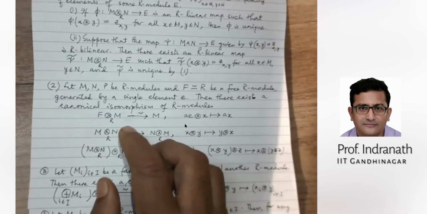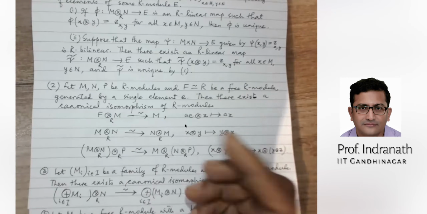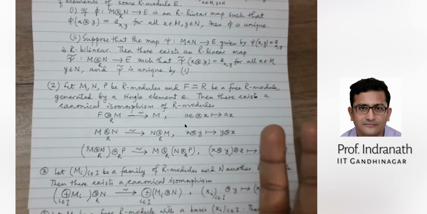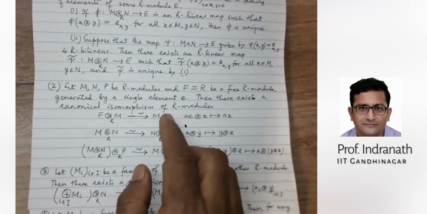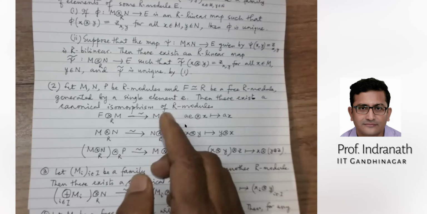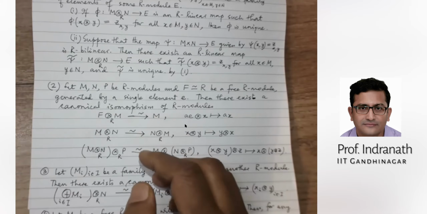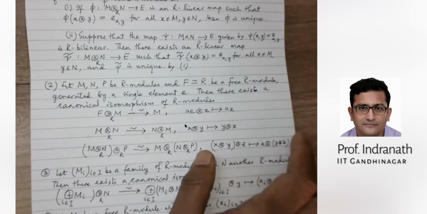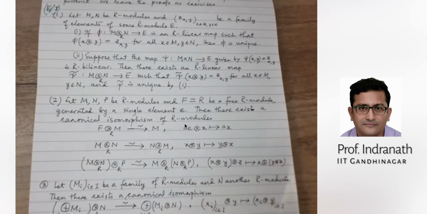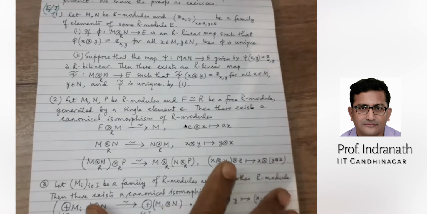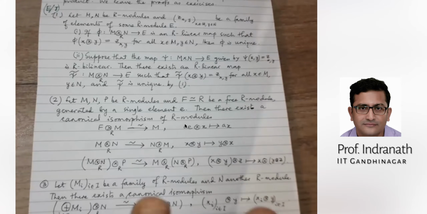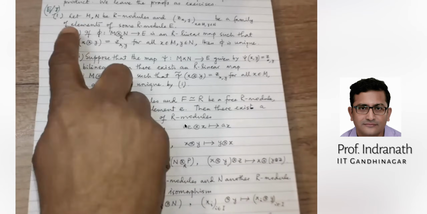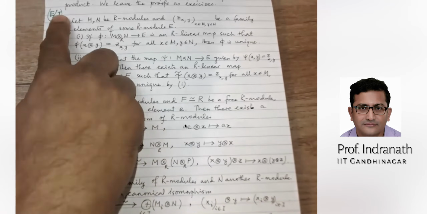A piece of advice: of course, you can check the kernel and image, but sometimes giving a map in the other direction, which is the inverse of the map, is often easier. If you keep these things in mind, then proving these things is sort of routine. There's not much difficulty. Again, please understand this as an exercise cum tutorial.